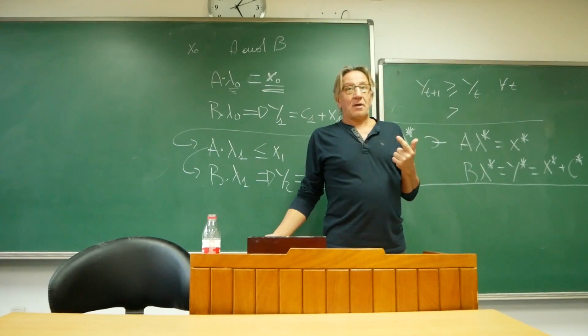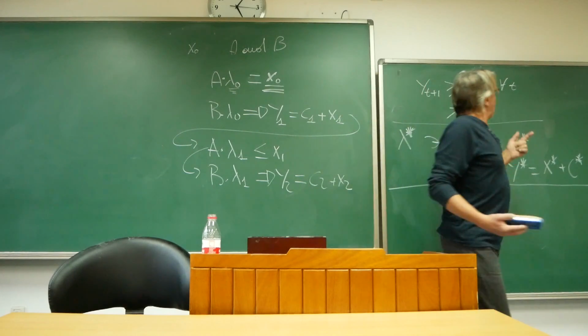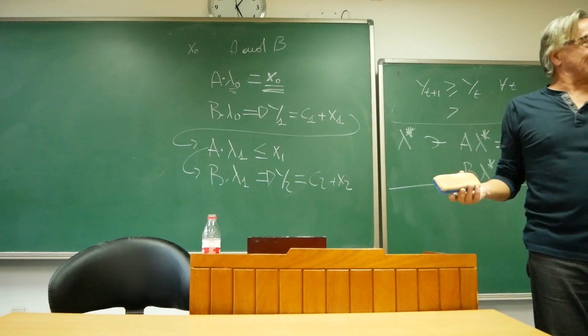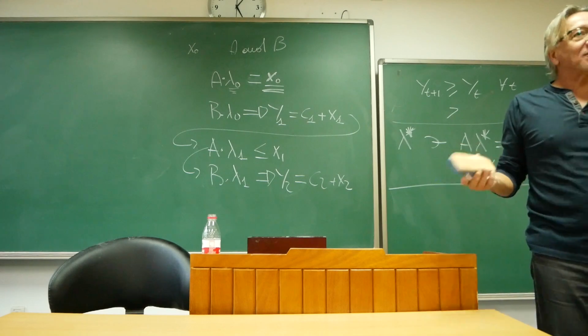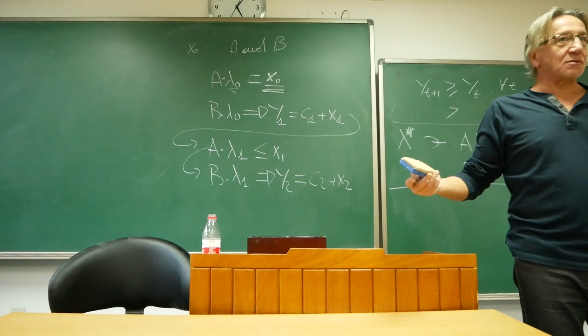The economy is not expansive. You see, I wrote this, but this is not obvious. So this is actually the difficult theorem to prove. It's not obvious that all technologies are like that. Some technologies do not allow for extra accumulation.